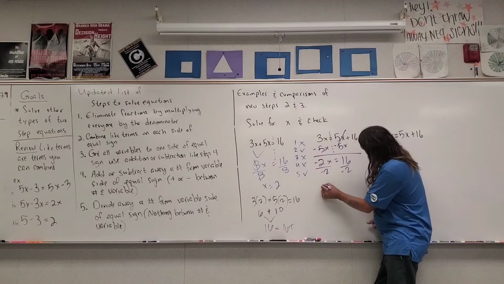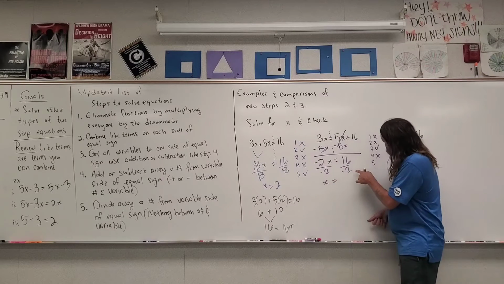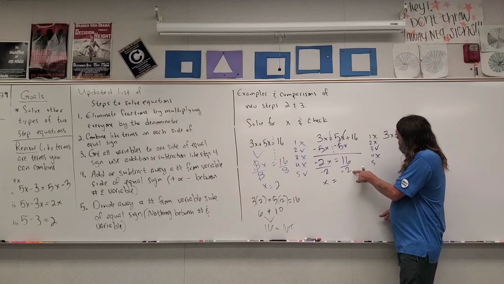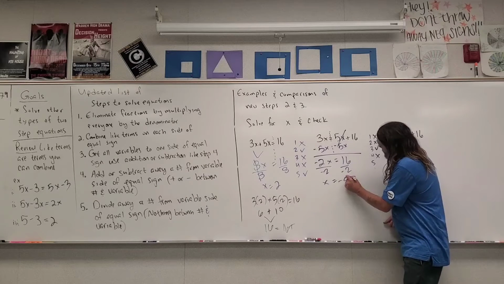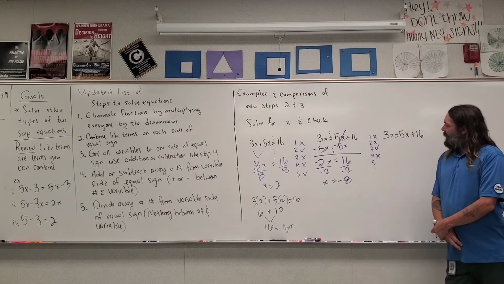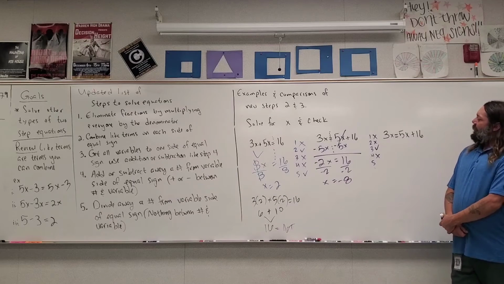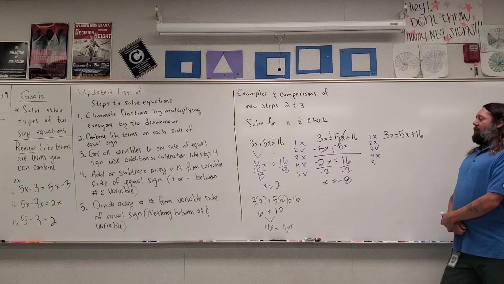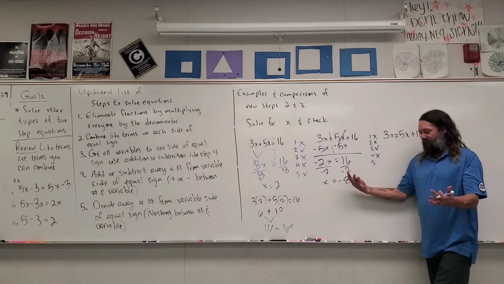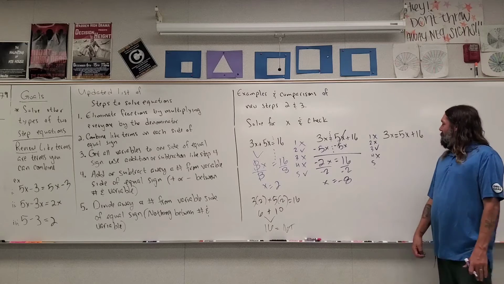That means x is equal to negative 8, because a positive divided by a negative is a negative, so negative 2 divides into 16 negative 8 times.